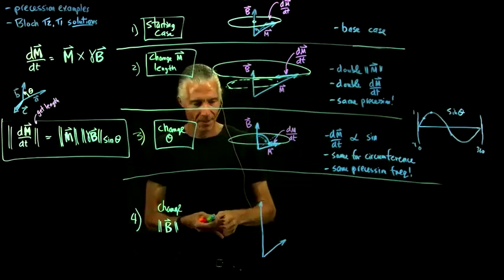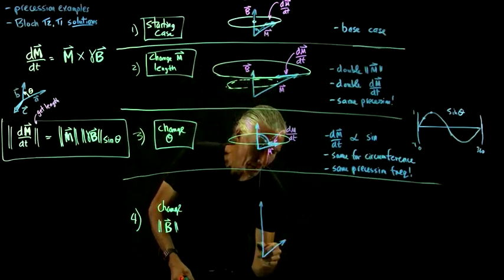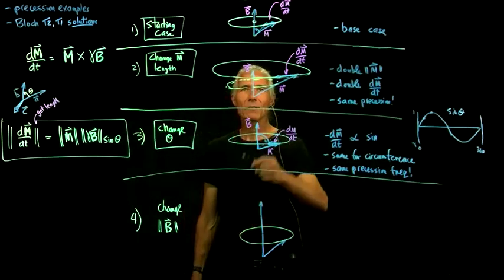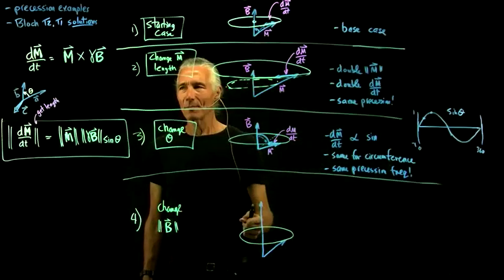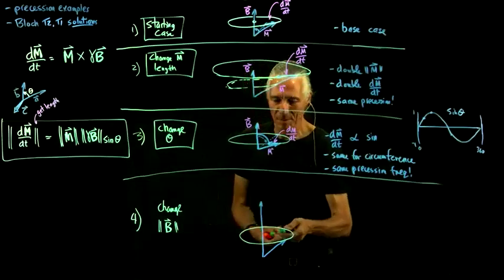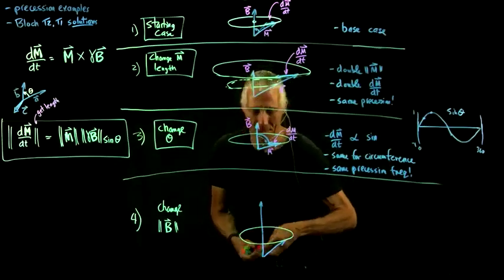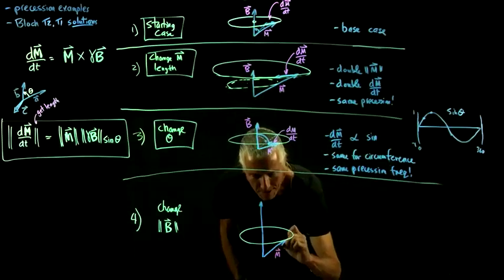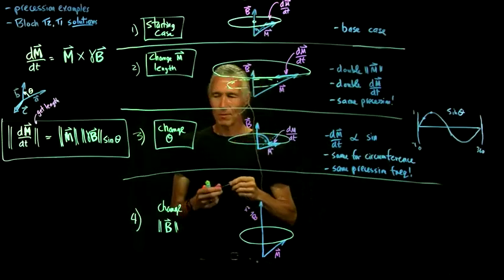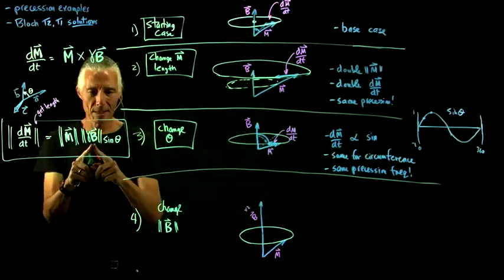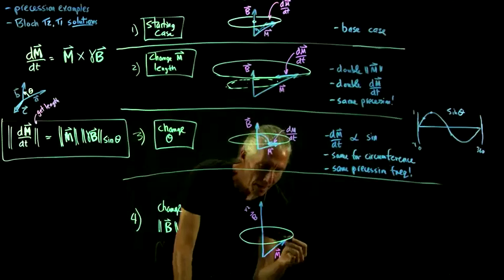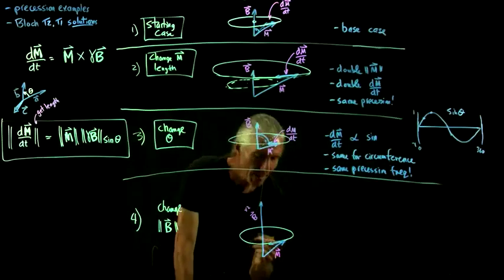And so now here's the circle that it's going around. It's basically going around the same size circle as before, because we didn't change the angle. We kept the angle the same, and we kept the length of M the same. So M is still the same length, and B times 2. So if we go back to this equation, we just doubled the B, and so that's going to double the dm dt.